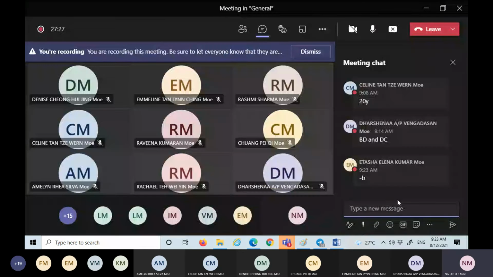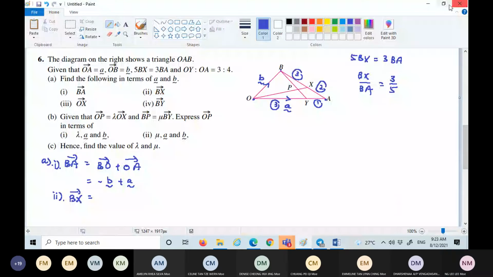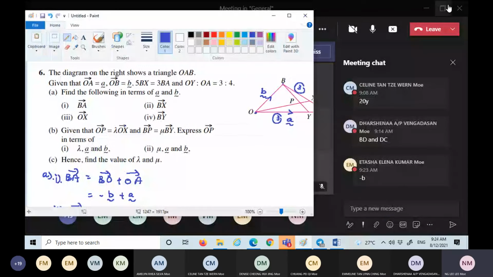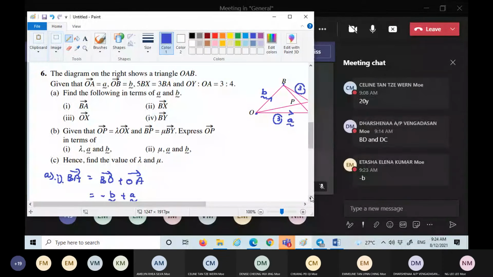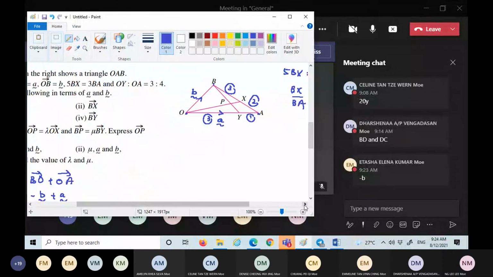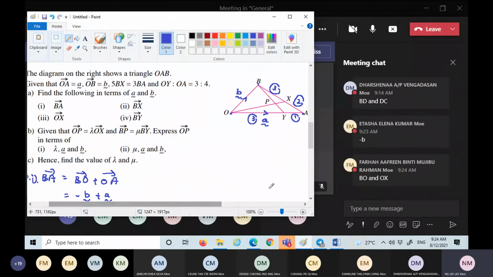She says B to O, O to X. I write out what she suggested to us.